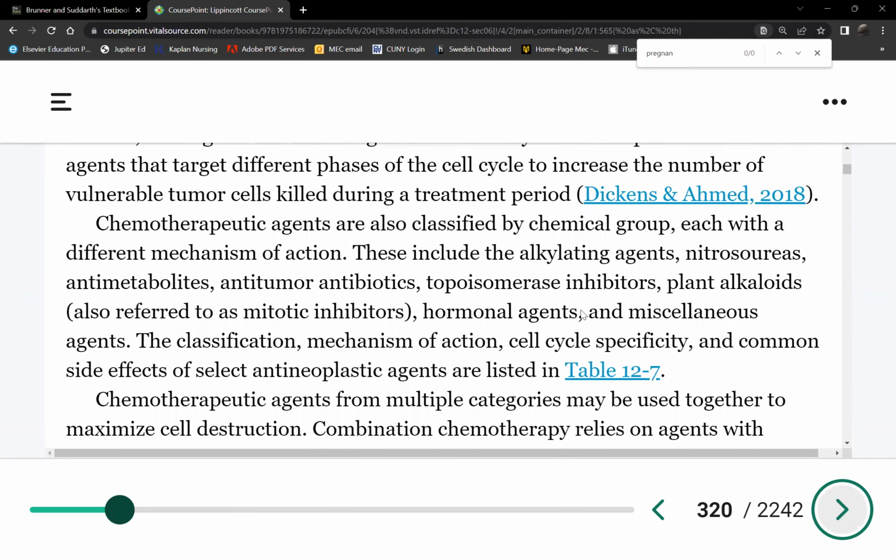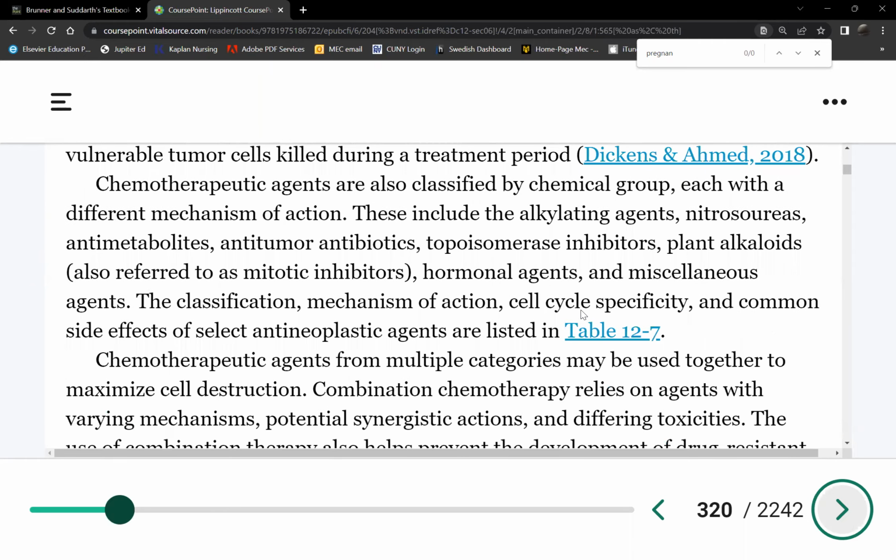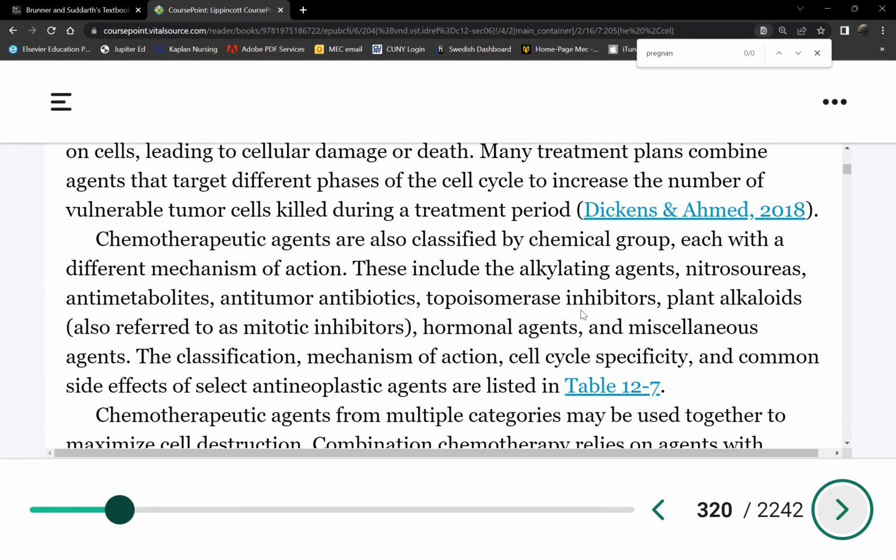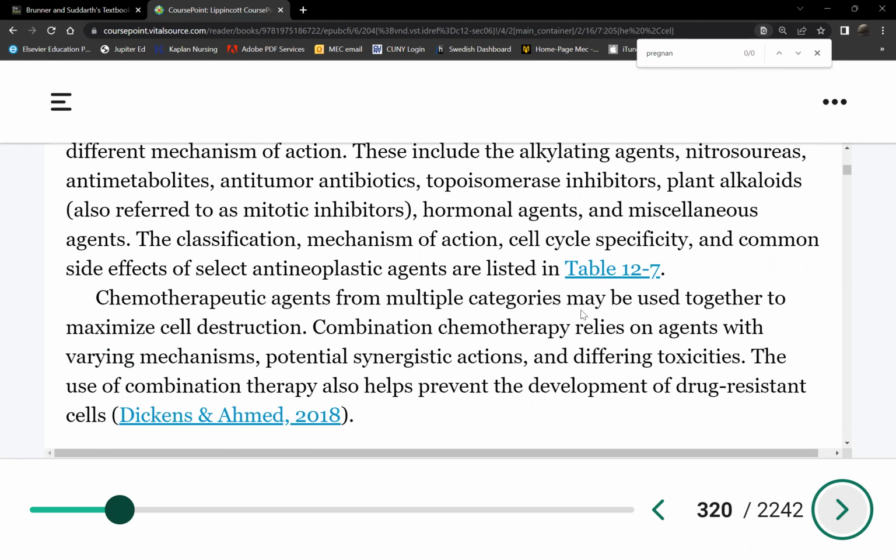So we'll skip the classification, because again, I'm not testing, neither is the NCLEX. They won't test you on the right, because we need certification. First of all, you need a bachelor's, and then you need chemo certification. So chemo certification is about a 6-month course, and then you become chemo certified.